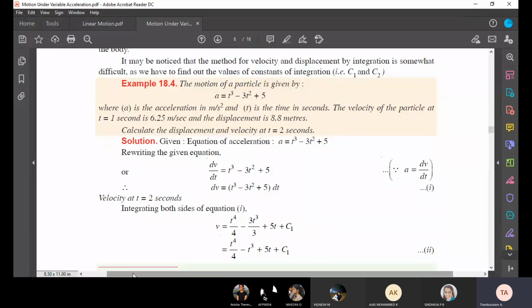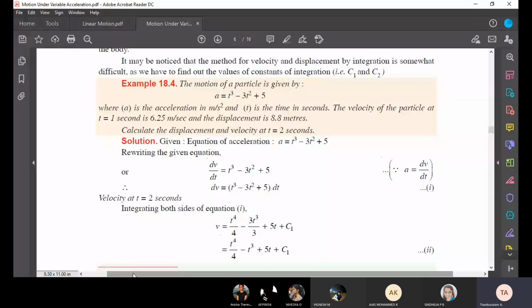We differentiated, then we applied the given time, or for the starting point, t equal to 0. Then we calculated acceleration. What is acceleration? dv by dt. We differentiated a second time, then applied the given time, or at the starting point t equal to 0, and we got the acceleration.